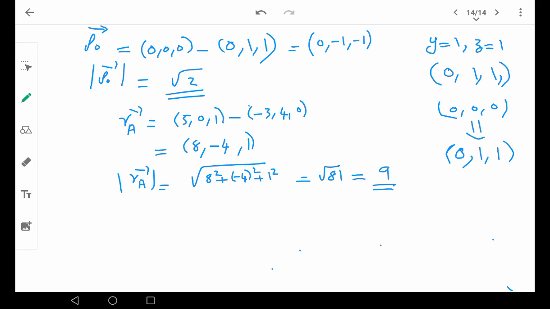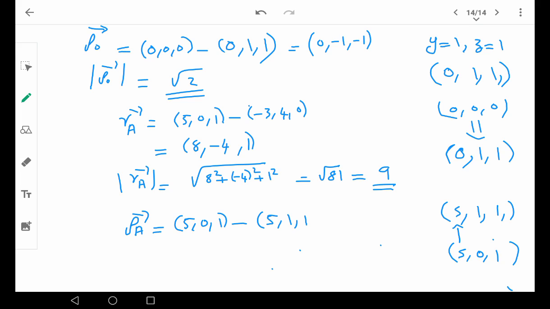And for finding out rho A, you know the line is y equal to 1, z equal to 1, and you have to find out the distance to the point (5, 0, 1). So you make the same 5 here also. You can write this as (5, 0, 1) minus (5, 1, 1), which equals (0, -1, 0).